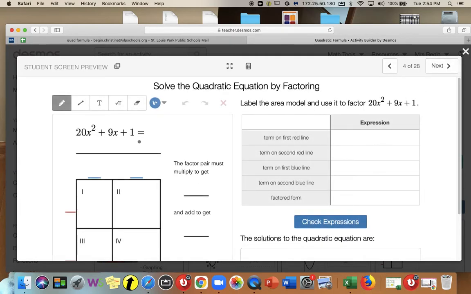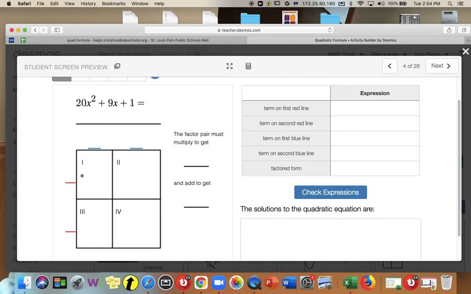Okay, so this is review right here. So again, in our box, we have our first number here, 20x squared. And in the fourth box, it's the last number here. You multiply those diagonals together to get the top box. So we want to know what multiplies to 20x squared that adds to 1x. Okay, so can we think of any two numbers that multiply to 20 that add to 1?